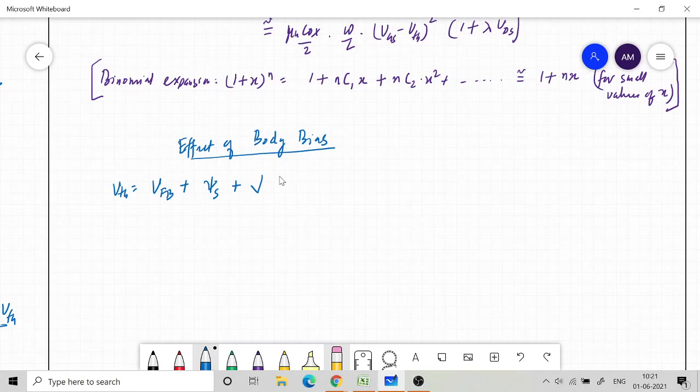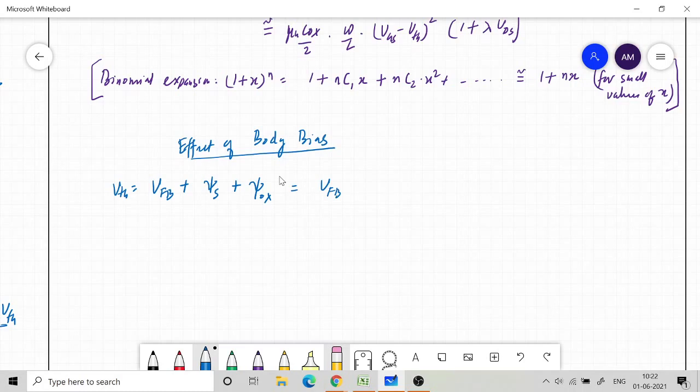So both of those are included in V flat band. Then we have the surface potential, which determines whether at the interface of the semiconductor it is an N region or a P region, whether there is inversion or not. And added to that we had the potential across the oxide, psi ox. So VTH has these 3 components.